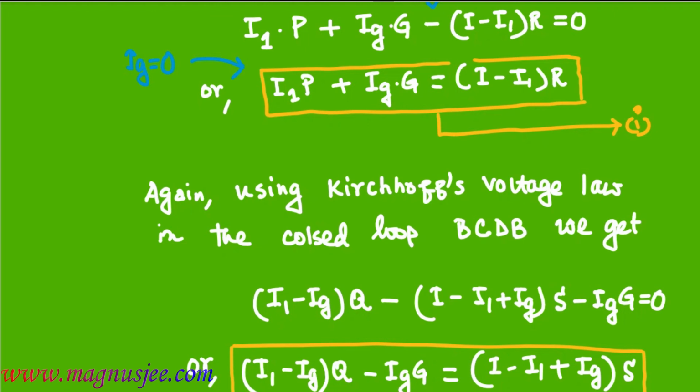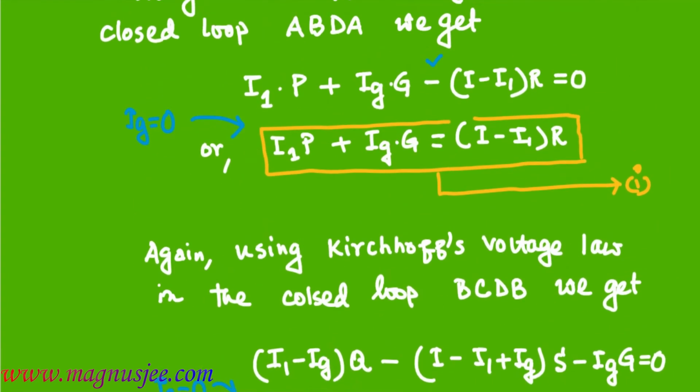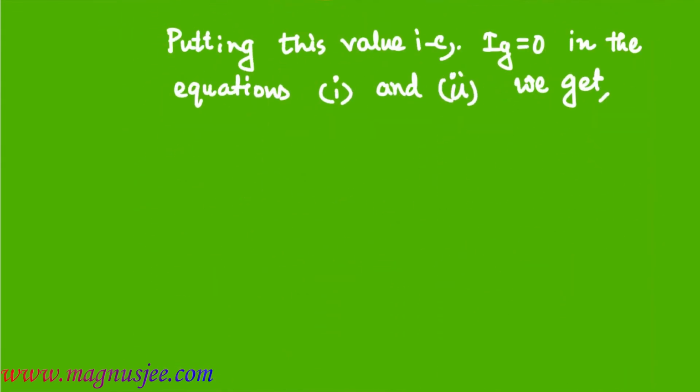Putting Ig equals 0 in equation 1, we get I1 into P equals (I minus I1) into R.